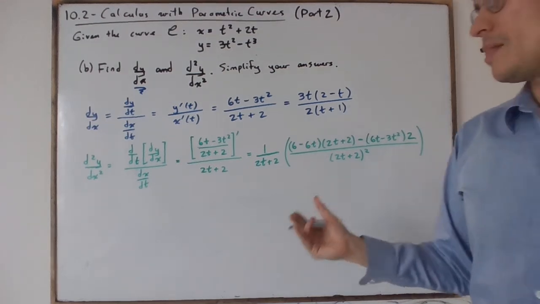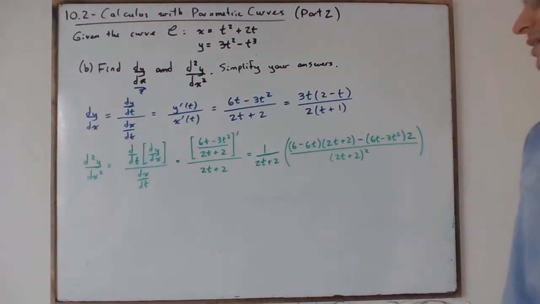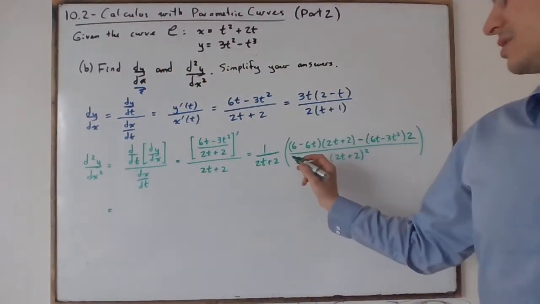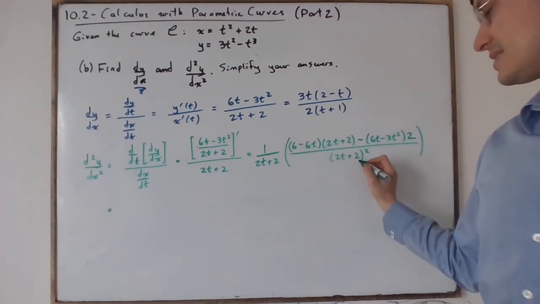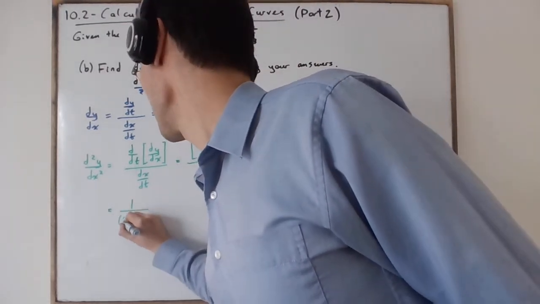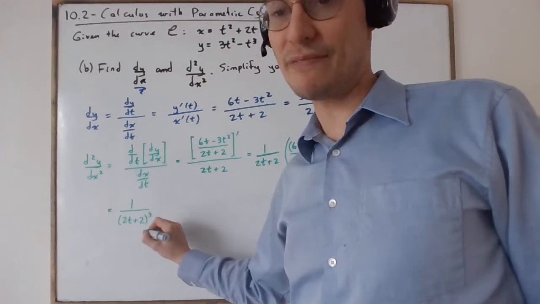Now what we have to do is to simplify this mess. First of all, notice that this is the same as this, so we can have here at the front 1 over 2t plus 2 to the power of 3, but we're going to simplify this even further.